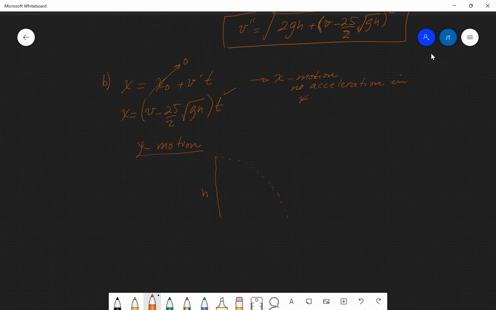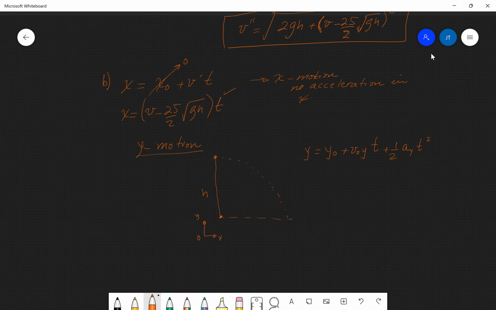So the bullet is going to drop vertically a distance h, under the influence of gravity, okay? So if we take our axis to be like this, for the y and the x, then we can use this equation. y is y0 plus v0 in the y, t, plus 1/2 the acceleration in the y, t squared.